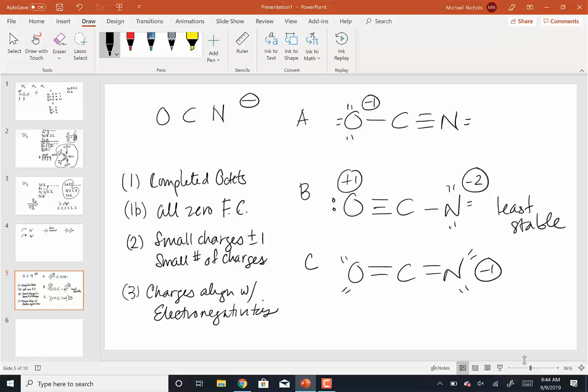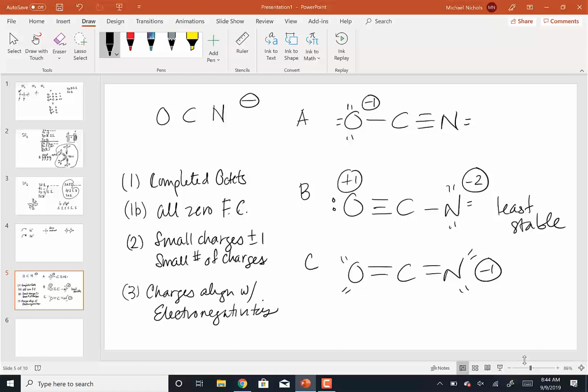The most electronegative atom gets the extra negative charge. So if I have the choice of putting a -1 charge on this atom, or putting the -1 charge on this atom, the -1 charge should go to the atom that's most electronegative. What happens if they have the same electronegativity? Probably those two structures have the same energy. Okay. So that's rule number 3. After that, if I can't break the tie, they're tied.